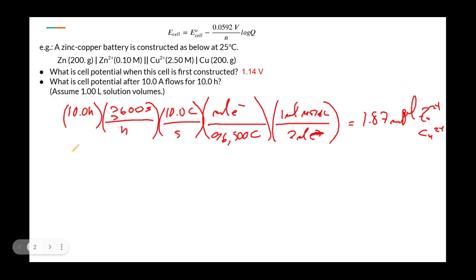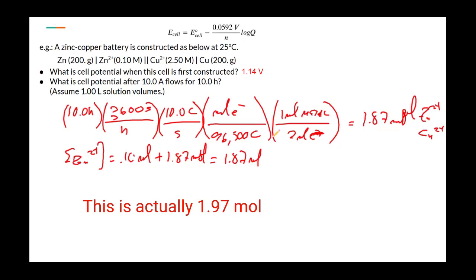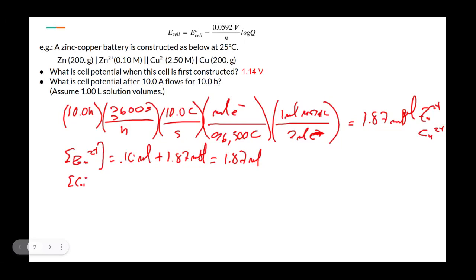So what's our concentration of zinc at this point? Well, it was originally 0.10 moles. We're getting more zinc 2+ because it's being oxidized. So we're adding our 1.87 moles, and that gives us 1.97 moles of zinc ions. And how about copper? We're getting less of this.